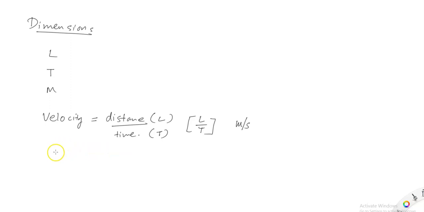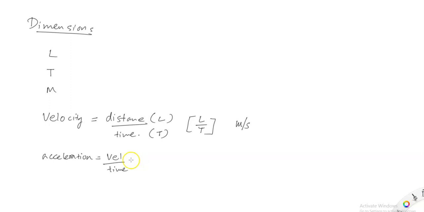Another example, we will come to this later during the course, but for the time being I'm showing you these examples. Acceleration. Acceleration is how rapidly the velocity is changing. So that is velocity divided by time.